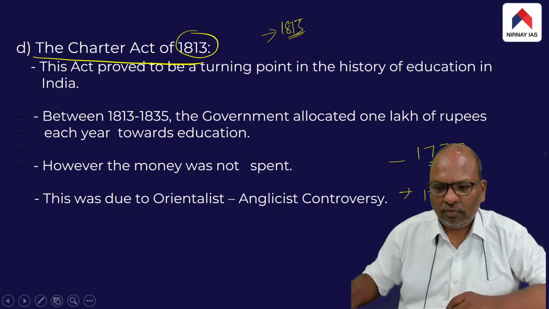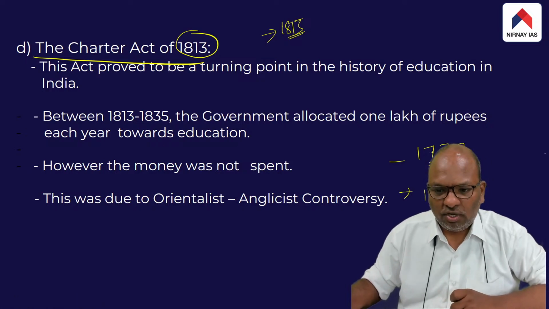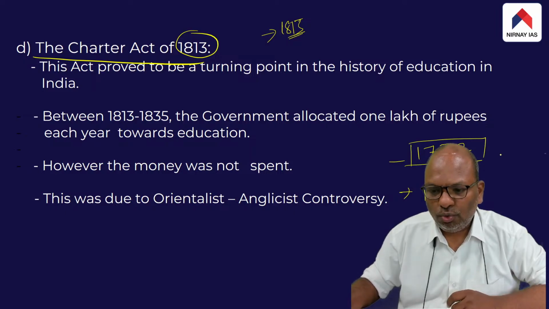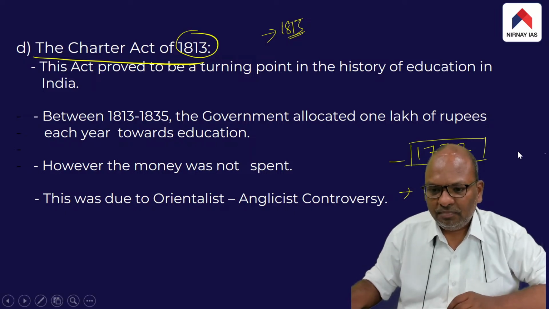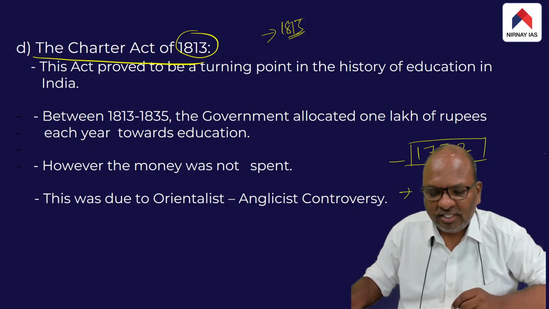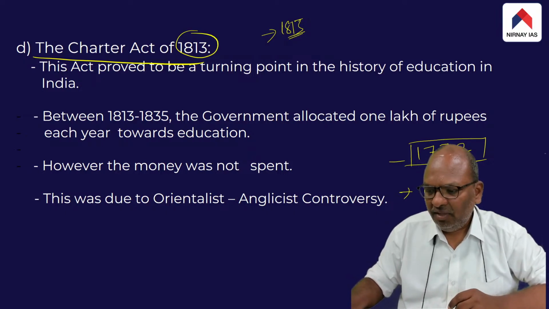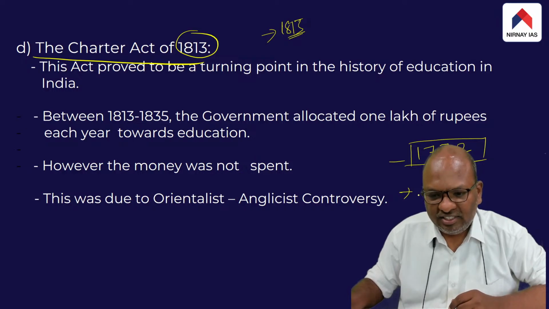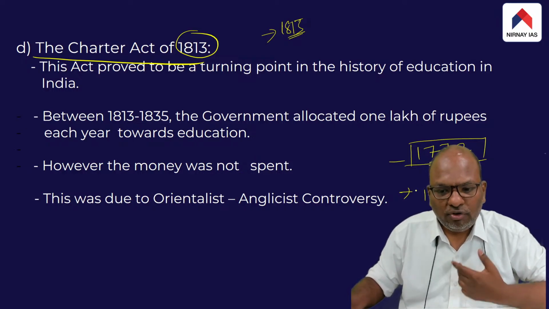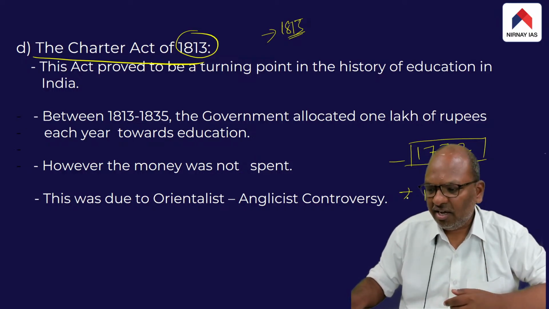Let me repeat the story once again for you. It was in 1772 that the East India Company transformed into a territorial entity. Soon afterwards, the British Parliament took note of the change in the nature of the East India Company, and immediately kept passing legislations with a view to regulate its activities.